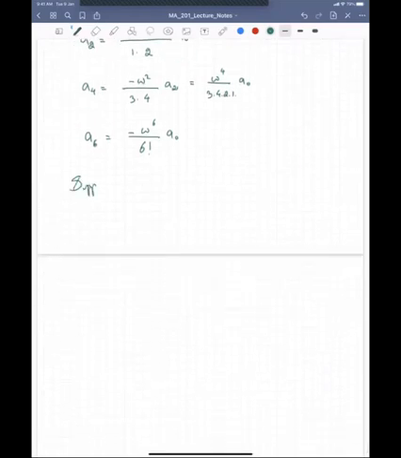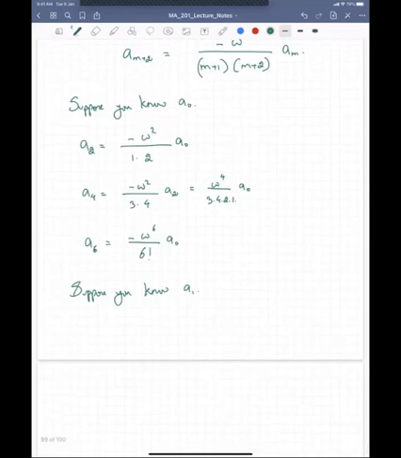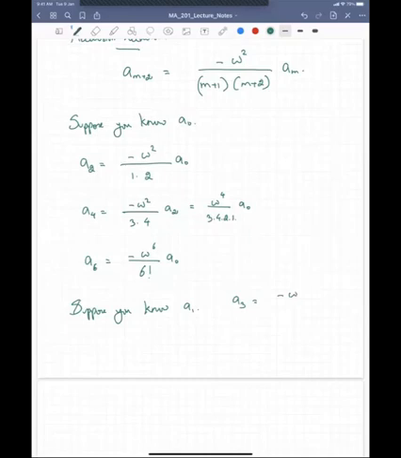Suppose you know a1, then I can appeal to the exact same recursion relation and figure out all the odd coefficients, because now a3, if I put m equals 1 in this equation, would be minus omega squared divided by 2 times 3 a1. a5, if I put m equals 3 in this equation, is minus omega squared divided by 4 times 5 a3.